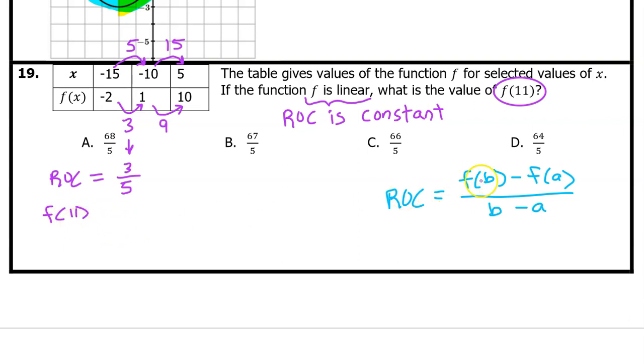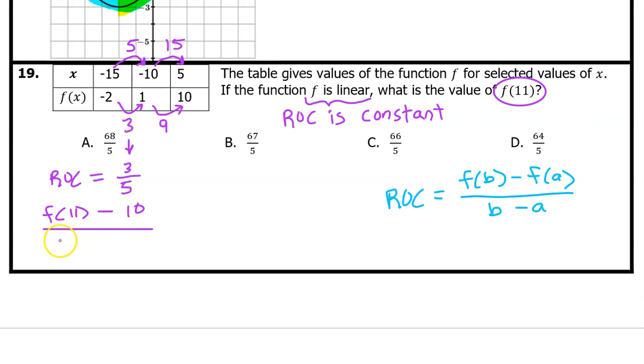Okay, so this is y minus y. F at 11 is basically a y value that we are looking for. So we need to do f at 11 minus another y value. Let's just pick 10. So our y minus y will be f at 11 minus 10.